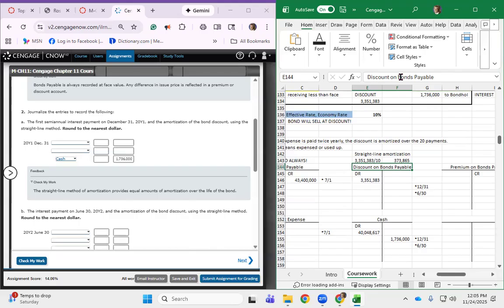So what we're going to do is every time we make a payment, I'm going to make this go down by 1/10. So that goes in as a credit. So yours is 1/14. Yours is 1/12. Well, you get the idea.